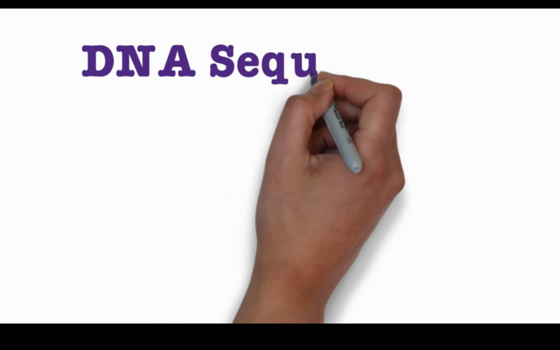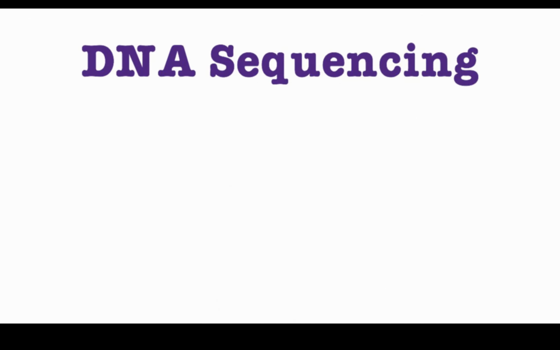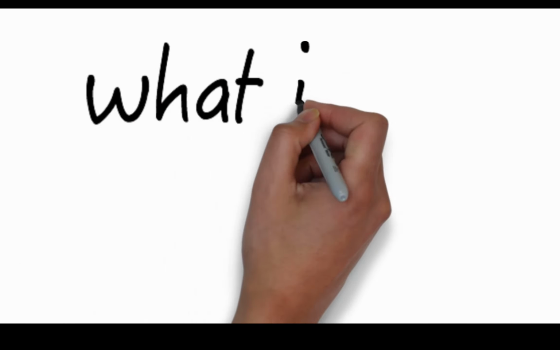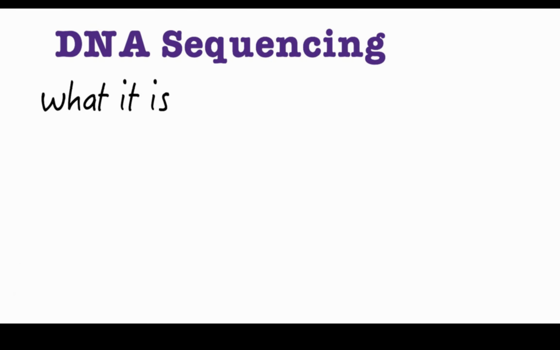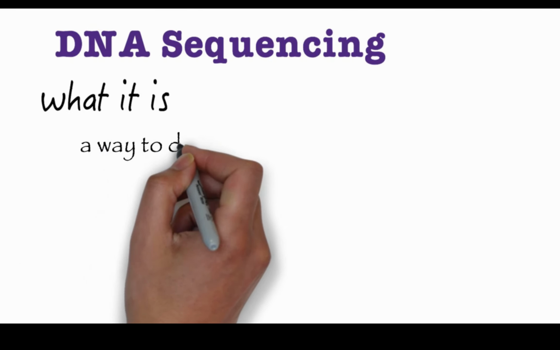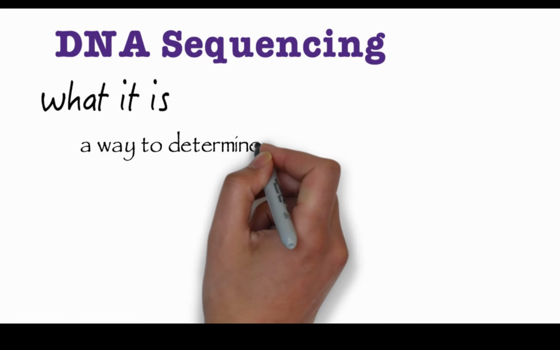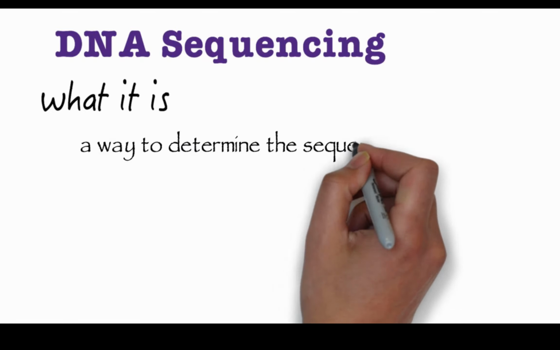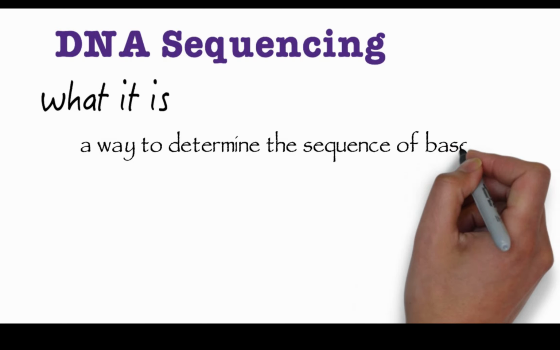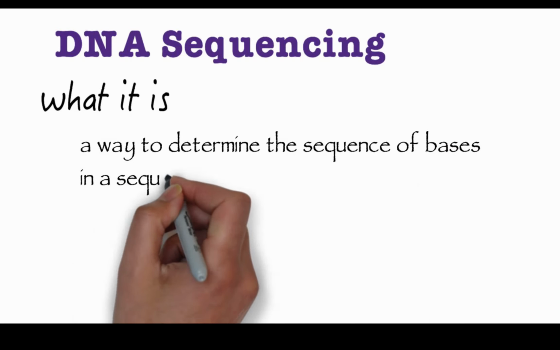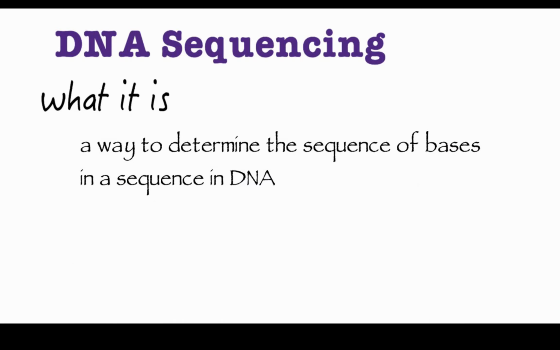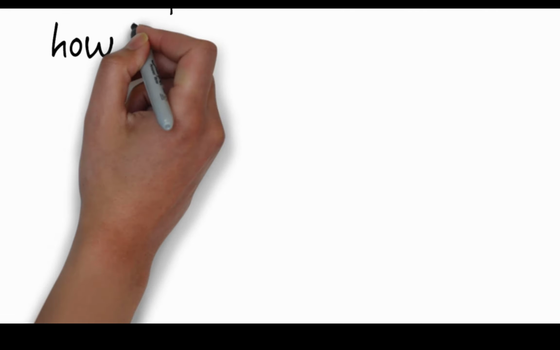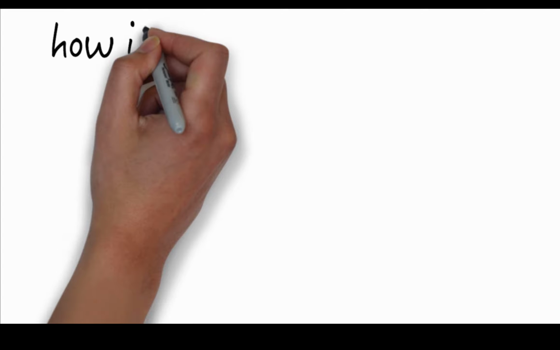DNA sequencing is our next technique. This allows us to determine the order of bases in a sequence of DNA. Here's how this works.